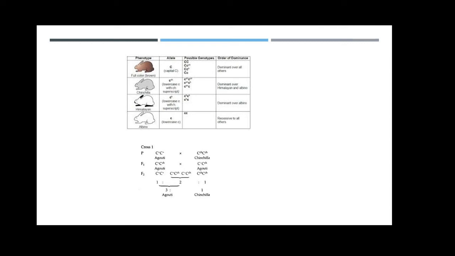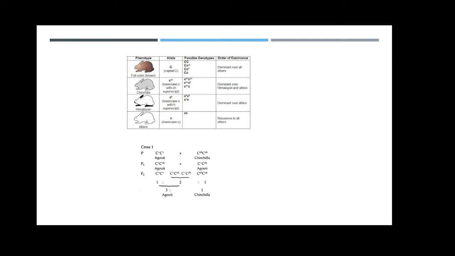In the heterozygous condition also, the agouti color will express. Chinchilla is denoted by small c superscript ch, Himalayan is denoted by small c superscript h, and albinos are denoted by the allele small c.